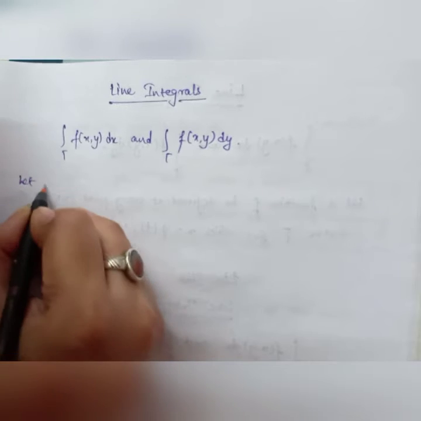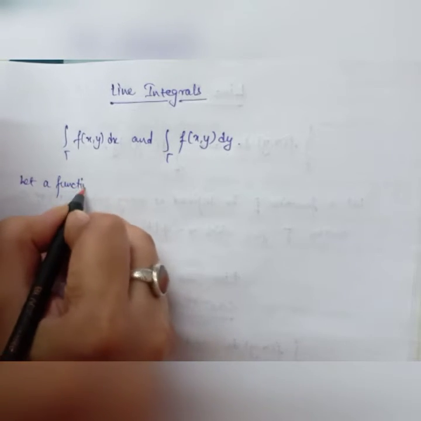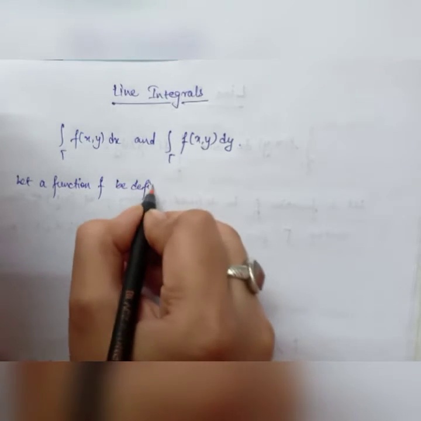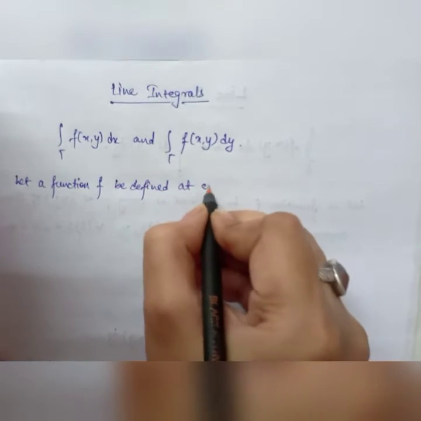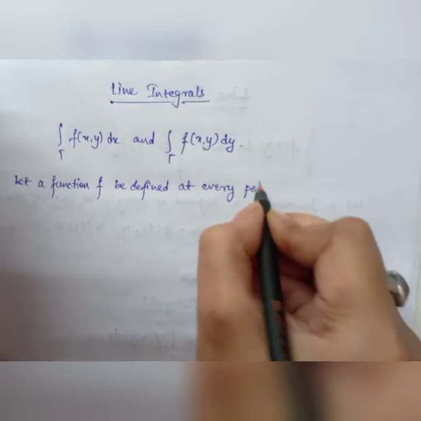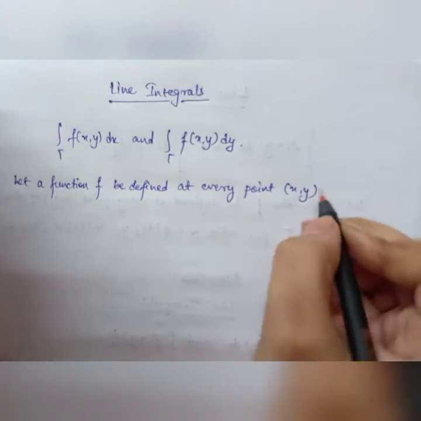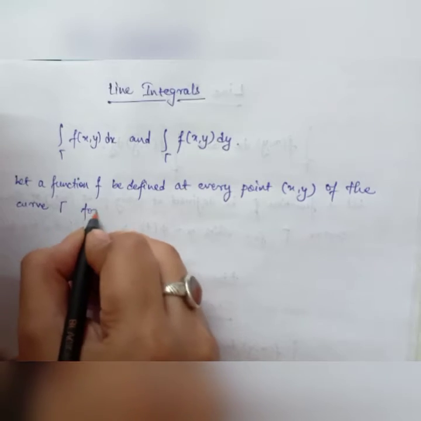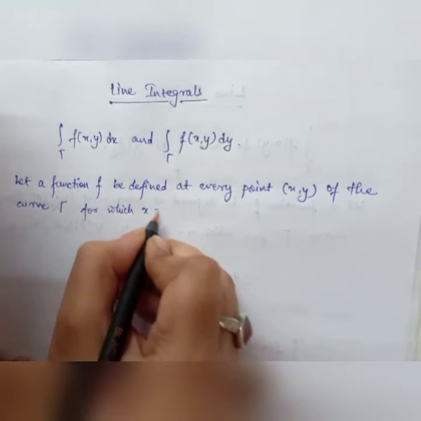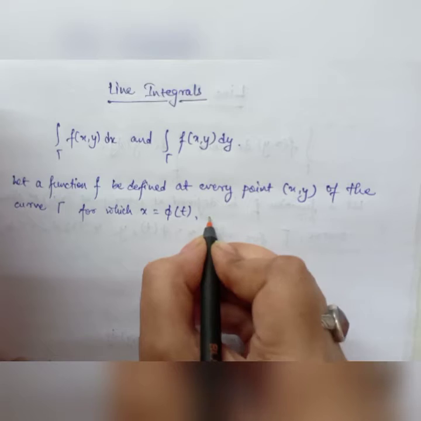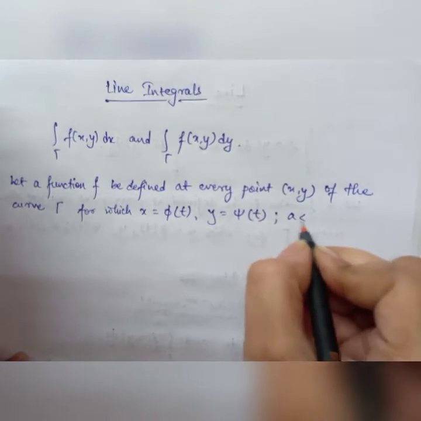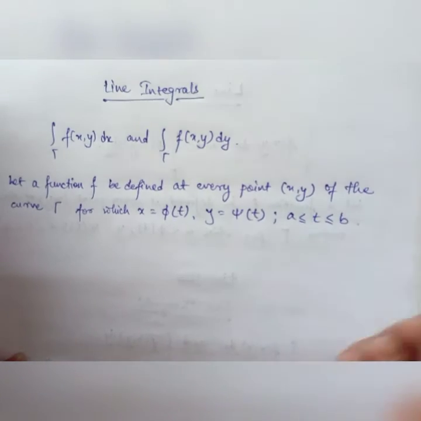So we need to take a function f which is defined at every point xy of the curve capital gamma, for which x equals phi of t and y equals psi of t, and also a is less than or equal to t less than or equal to b.